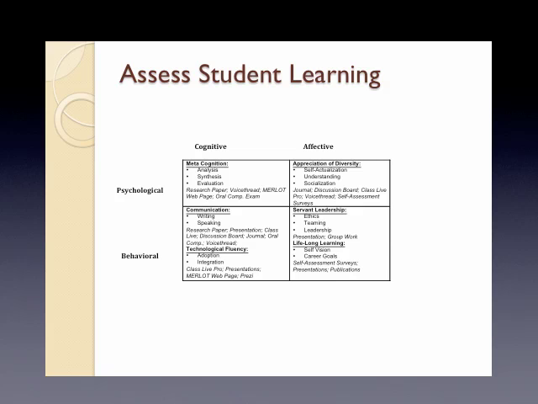And then over in the second quadrant there, appreciation of diversity through your journal discussion boards, Class Live Pro, when we use that, Voicethread, and then different assessment surveys that you'll do as you go through your courses. And like I said before, we can use Google Forms and SurveyMonkey and those things to elicit that data through those Web 2.0 applications.